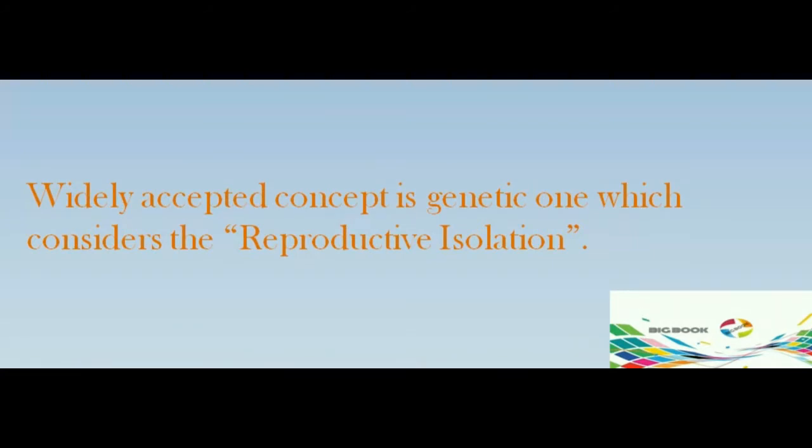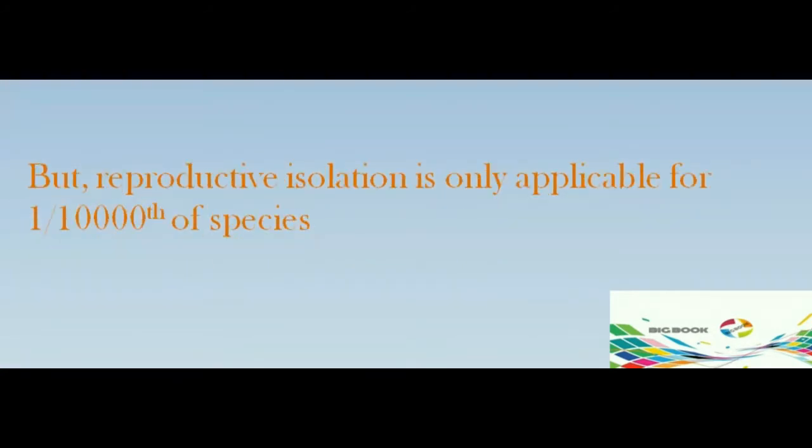Next, the widely accepted concept is the genetic one, which considers reproductive isolation. This phrase depends on all three kinds of isolation discussed previously. But there is a question here: reproductive isolation is only applicable for 1 out of 10,000 species.